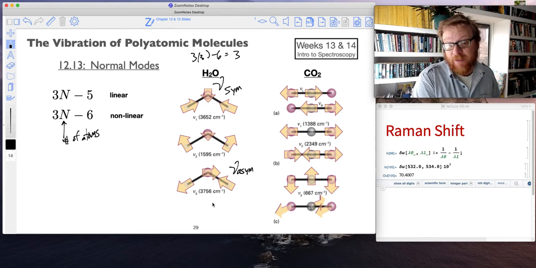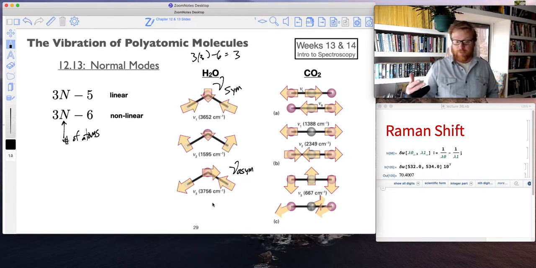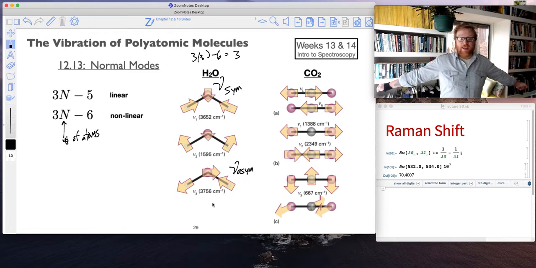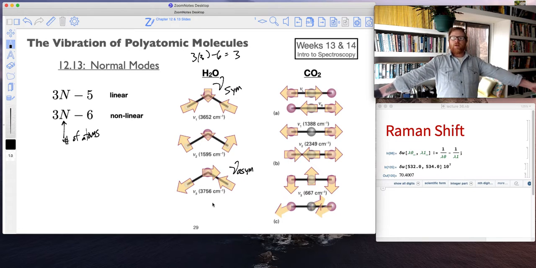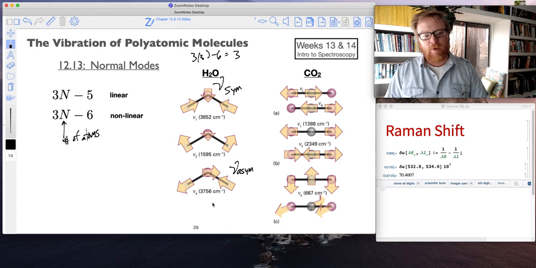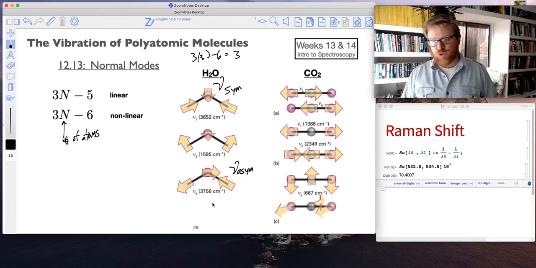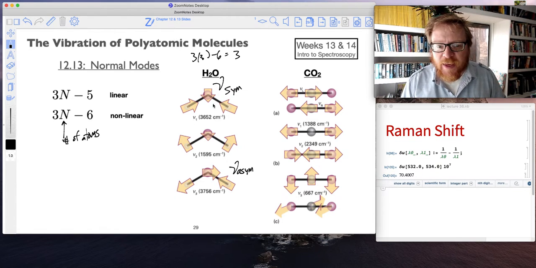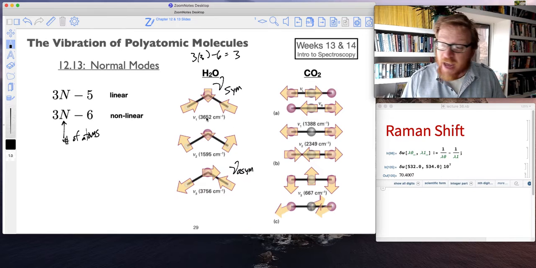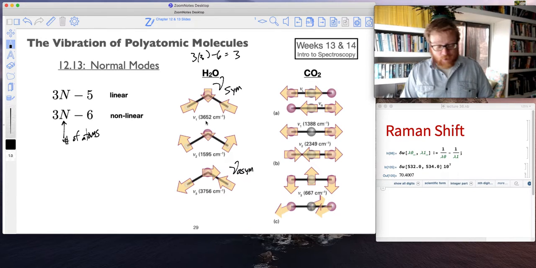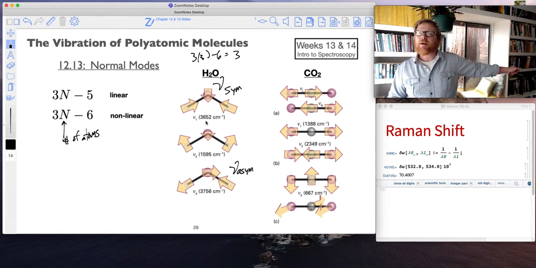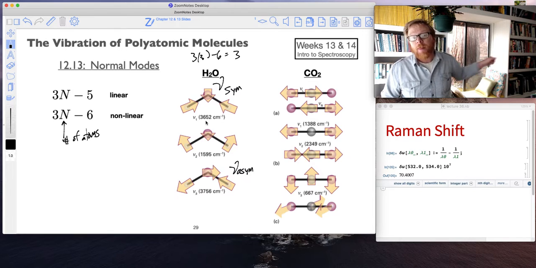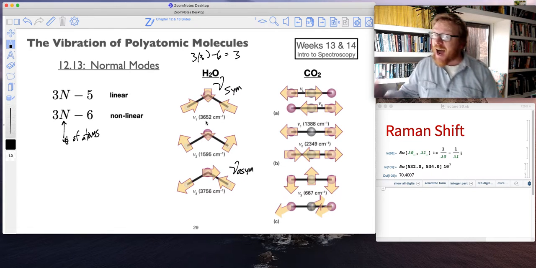And then finally, the third and final normal mode of water is the bend, where now these things will bend in and out of a plane. And consequently, that's a much lower energy stretch. What we want to think of, these actual energies or frequencies, they are related to the frequency at which a bond is oscillating.